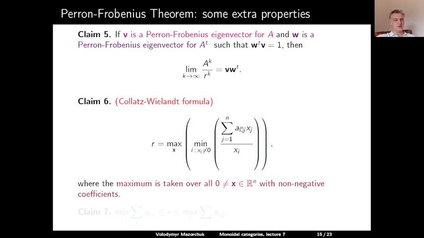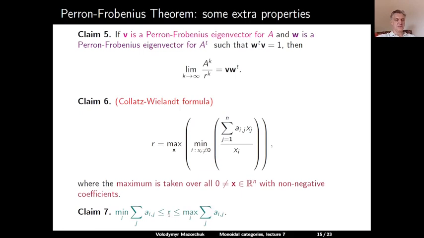So the numerator here is just the ith component of the vector A times x. We take the ith component of that vector and we divide it by the ith component of the vector x whenever the ith component of the vector x is non-zero.